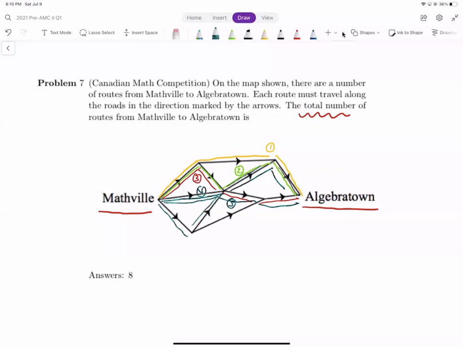So this is the 6th way, and you can do this. Yeah, so you can just keep doing it, right? So you can also do this, and then you can do this. Okay, so if you list all of them out, this is the 7th, right? And this is the 8th one, right? Okay, so in total there are 8 ways to go from math field to algebra town. Okay.